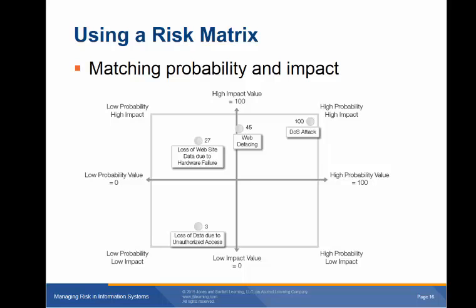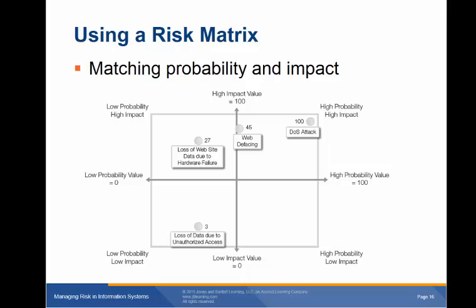These categories are denial of service attack. So basically, any denial of service attack or distributed denial of service, which is a DDoS attack, that results in an outage. Web defacing, which is modification of the website by unauthorized parties. Loss of data from unauthorized access, any loss of confidentiality.